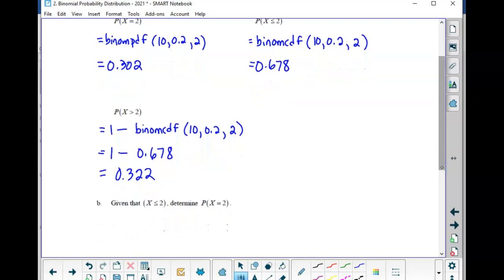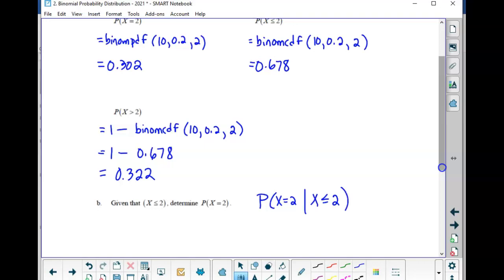Okay, and then this last one here, given that x is less than or equal to 2, determine the probability that x equals 2. That's a conditional probability, right? So really what you're trying to find here is the probability that x equals 2, given that x is less than or equal to 2.